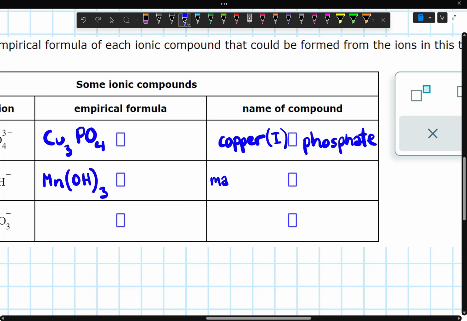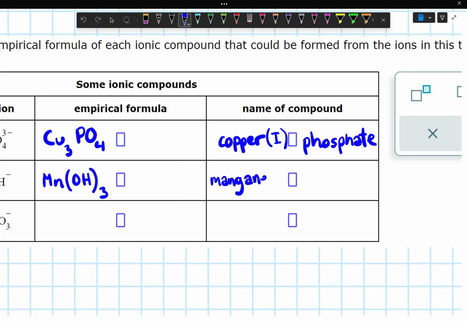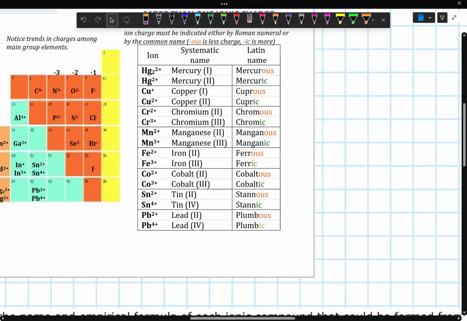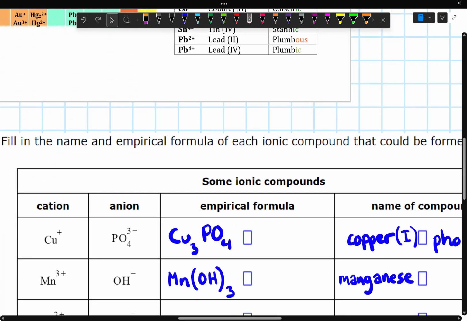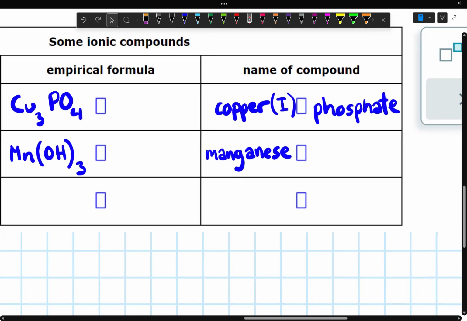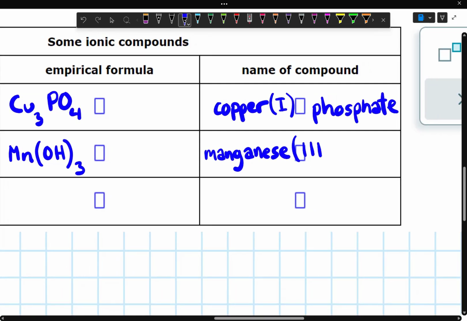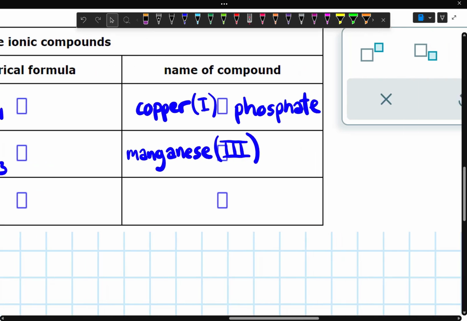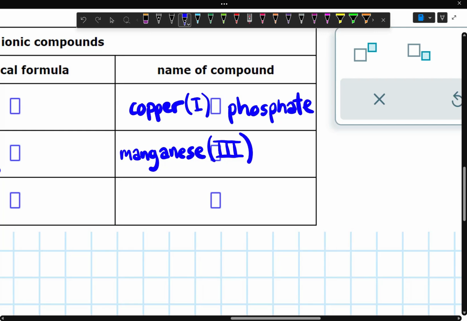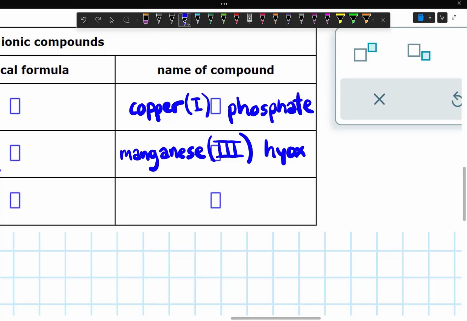Well, this is manganese, and we know from our sheet that manganese has a 2 and a 3 charge state. In this case, we have a 3 charge state, so we'll specify that here with the Roman numeral III. And our polyatomic is OH, which is hydroxide.